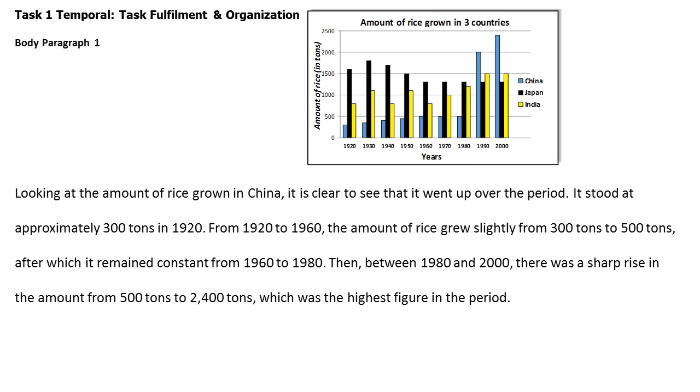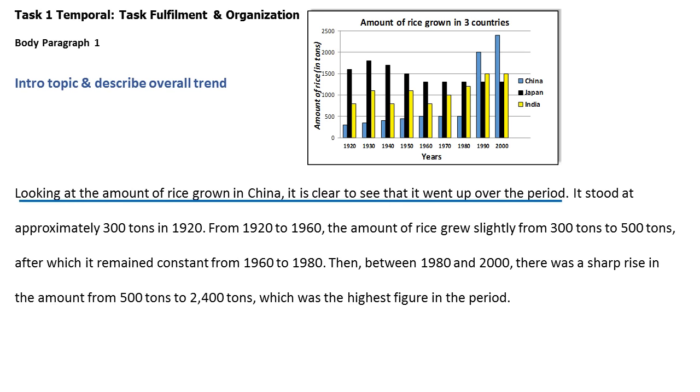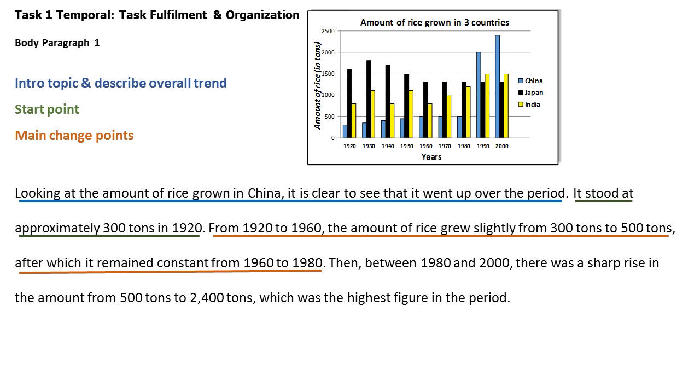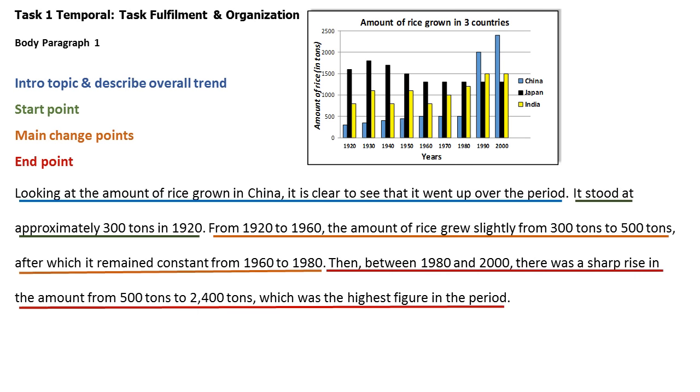If we look at body paragraph 1 in detail, we can see that the first sentence introduces the topic and describes the overall trend. Then we start the description with the beginning. We describe the main change points and finally the end point.